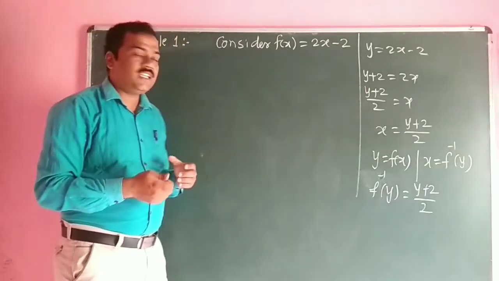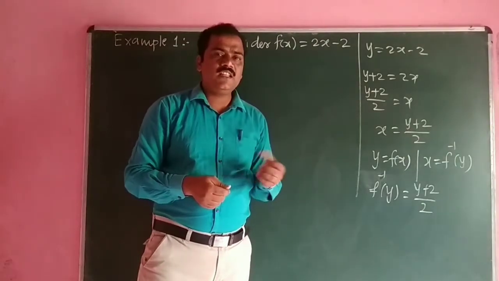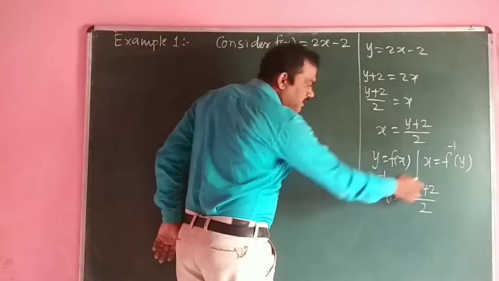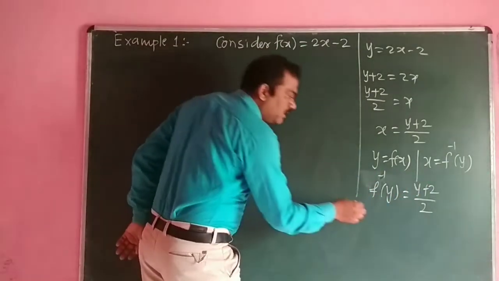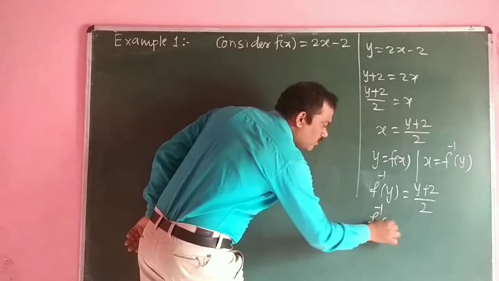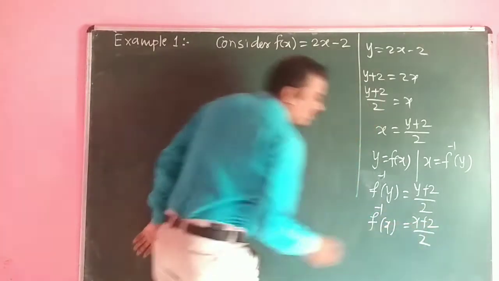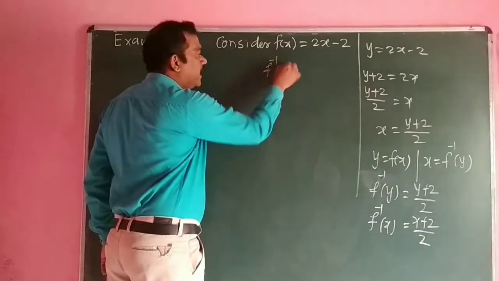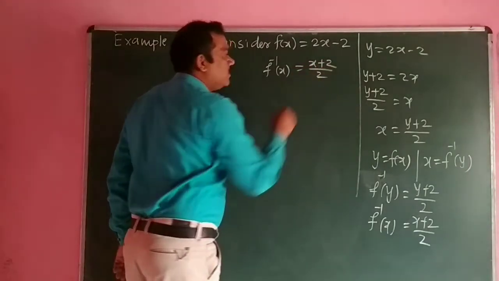We have to consider its inverse function in the variable x. So if f inverse of y is equal to (y plus 2) divided by 2, then instead of y, if we take x, we write f inverse of x is equal to (x plus 2) divided by 2.